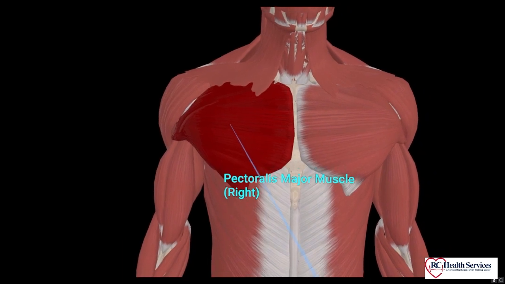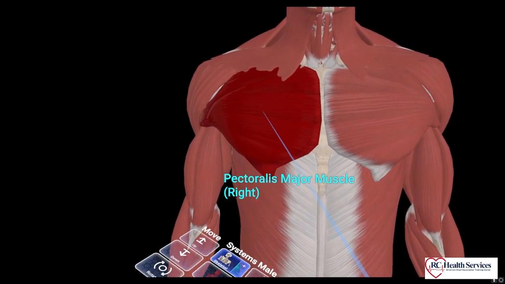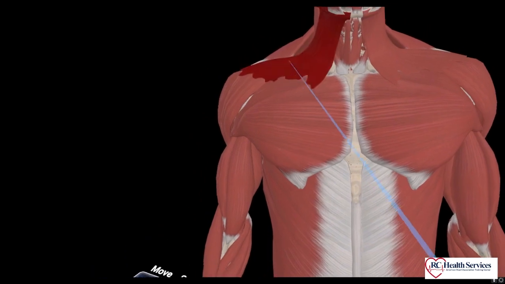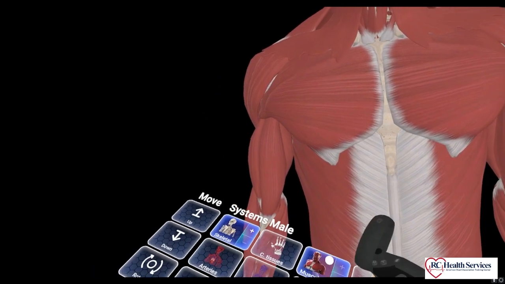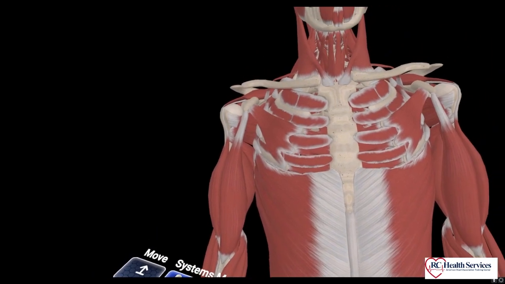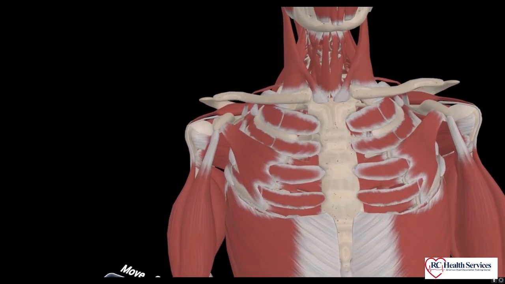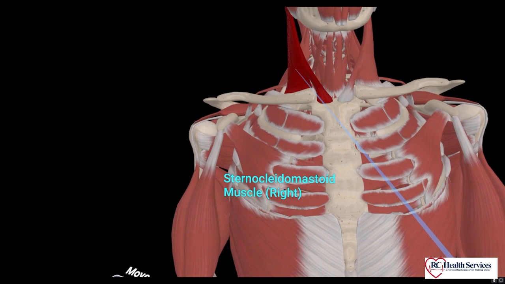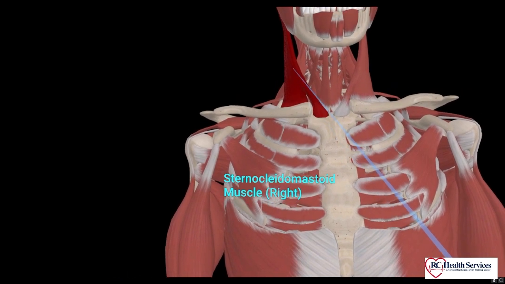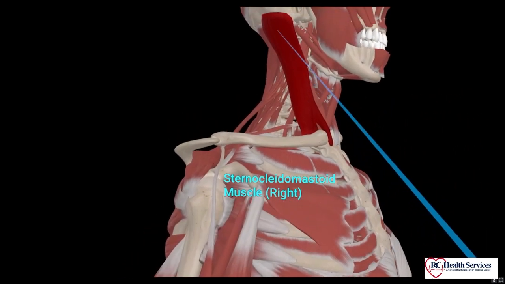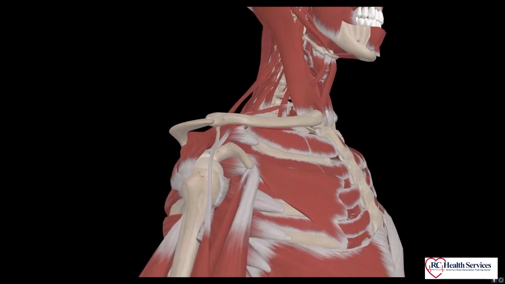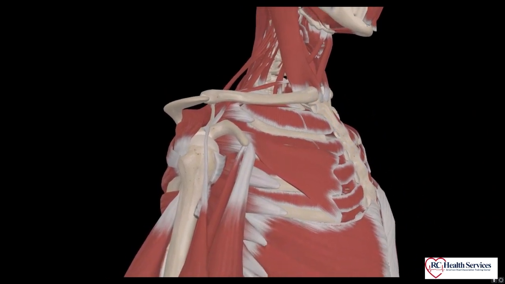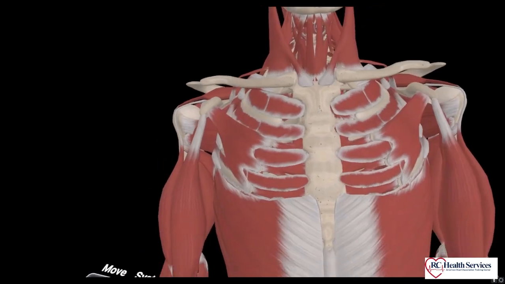If we move a little superior, we will have your accessory muscles, the sternocleidomastoid muscle. If they're breathing really difficultly, those muscles in their neck are going to start moving to try and force air in.